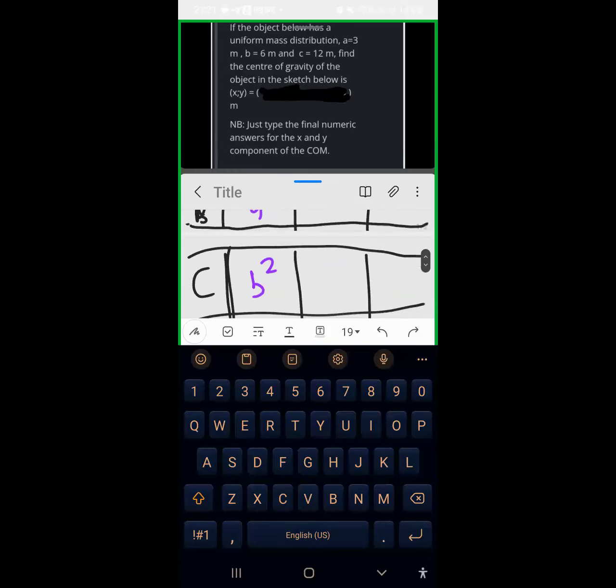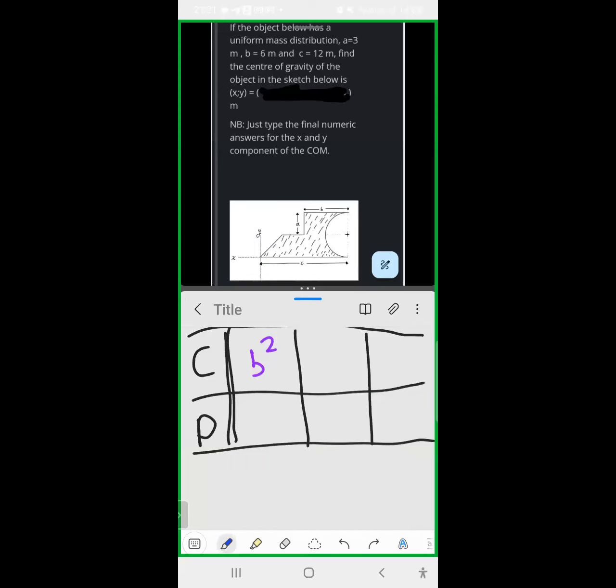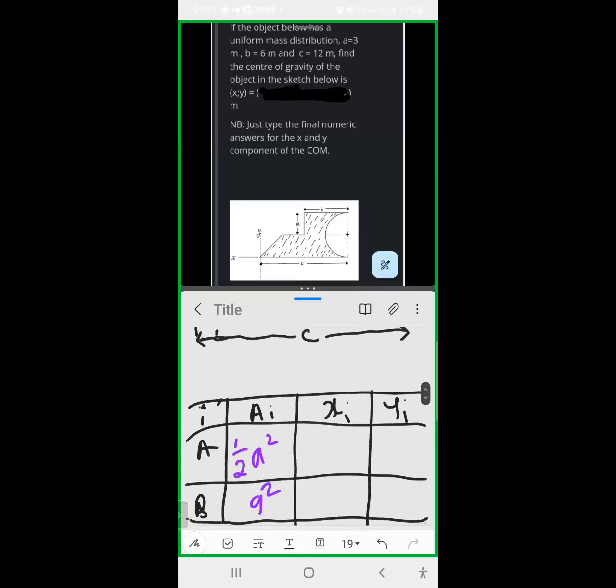Therefore, we're going to have minus half pi multiplied by its radius, which is a units, squared. So this is how we're going to determine the areas of each and every shape that is in there.